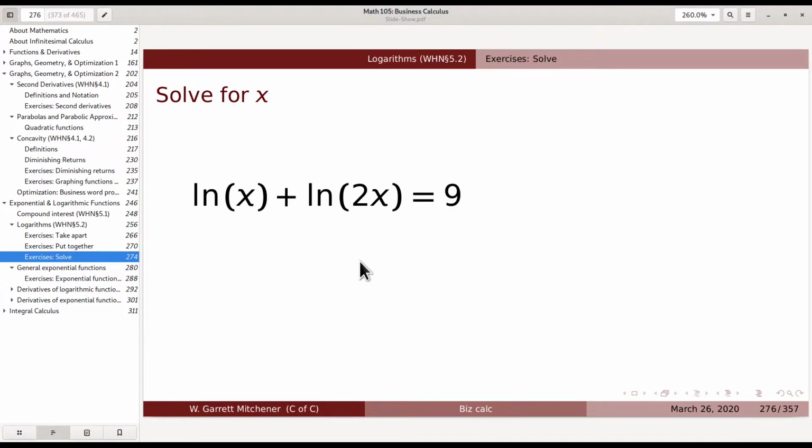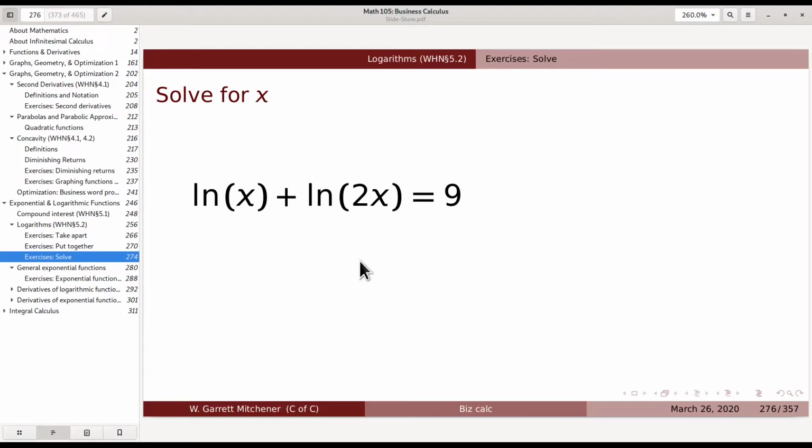So the next equation is tricky for a couple of reasons. One is that the x, as you can see, is inside applications of the logarithm. The second is that there are x's in two different places. So on the left side, we have ln of x plus ln of 2x equals 9.